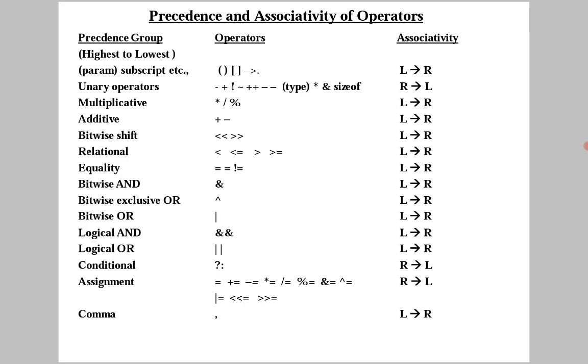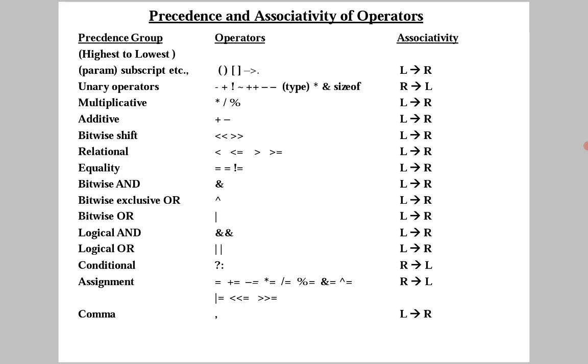Whenever you test a given condition, the outcome is generally true or false, or yes or no. For example, 10 is greater than 20. Is it true or false? It is a false expression, a false result. Similarly, A is greater than B, B is less than C, A double equals to B. Another important point in C language is that there are two operators regularly used, equals to and double equals to.